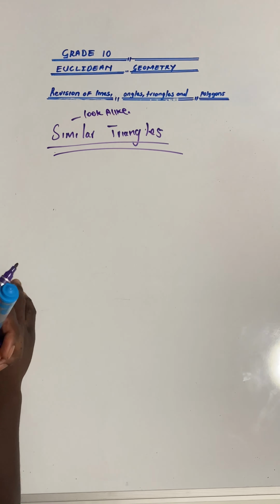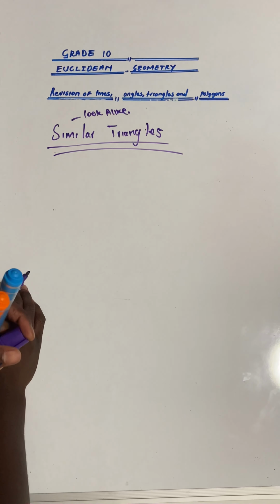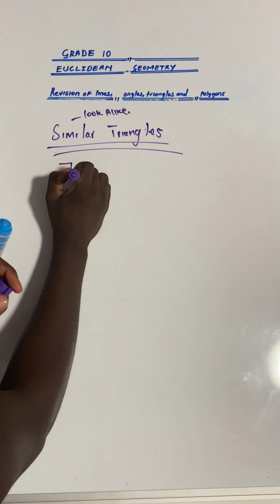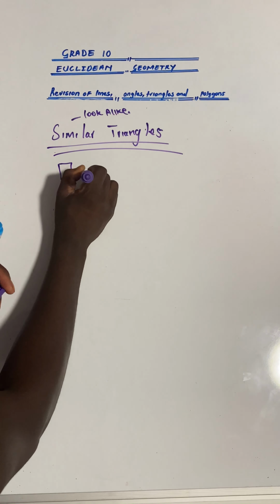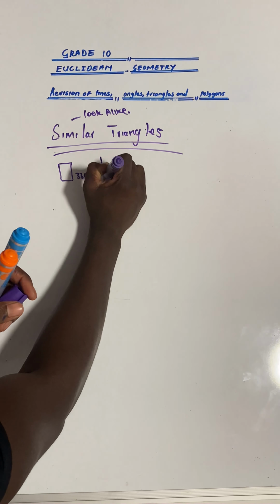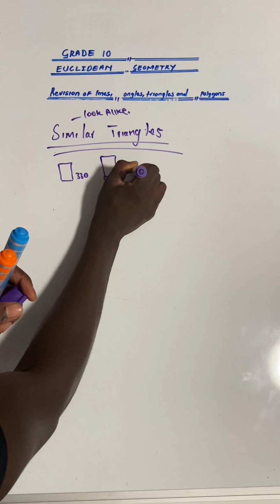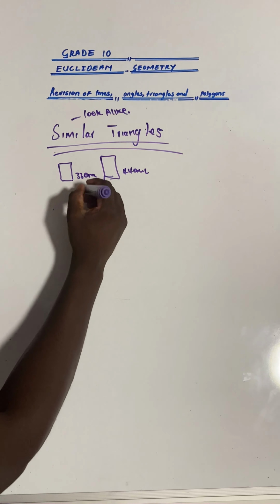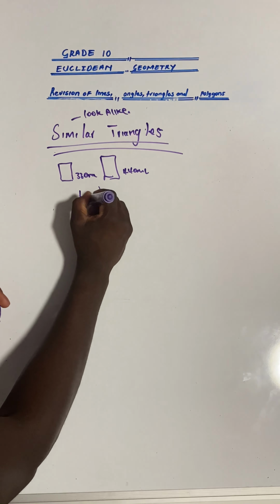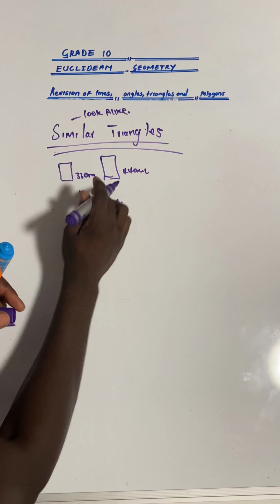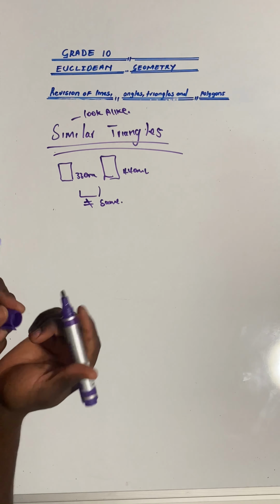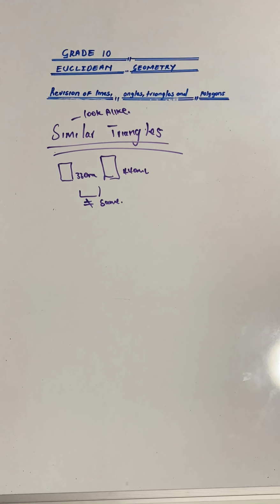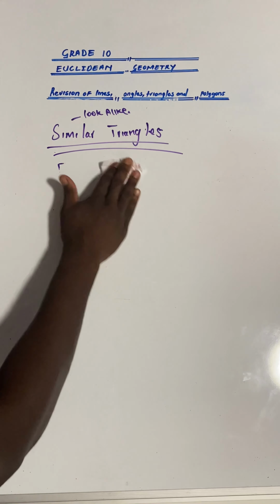We can have two Coca-Cola bottles, where one is a 330 milliliter can and the other is a 440 milliliter, which is quite longer. They are both branded the same and they look the same, but they are not actually equal because they are different in length and size. So that is what we're looking at when we look at similar triangles: things that almost look alike, but are not the same thing, right?